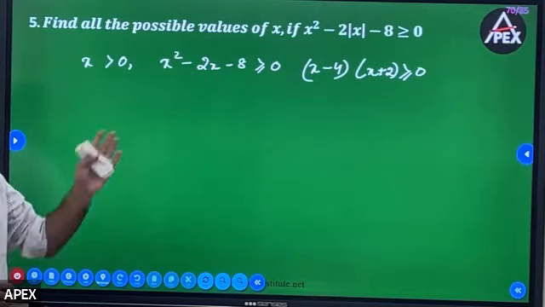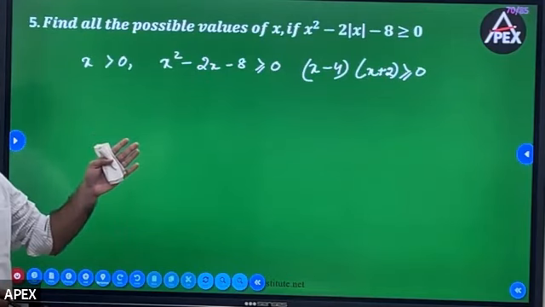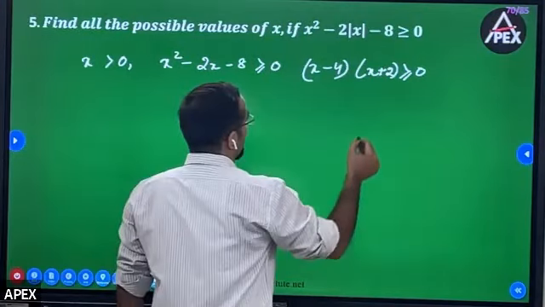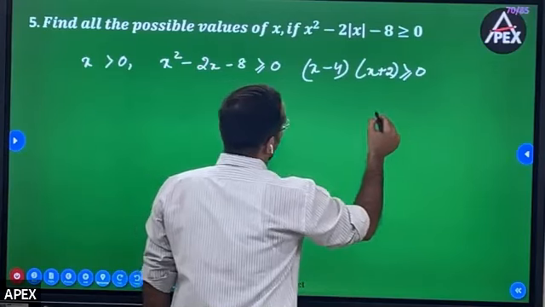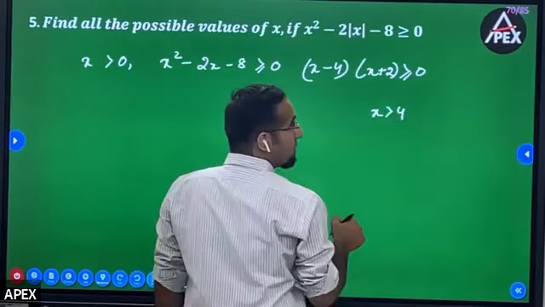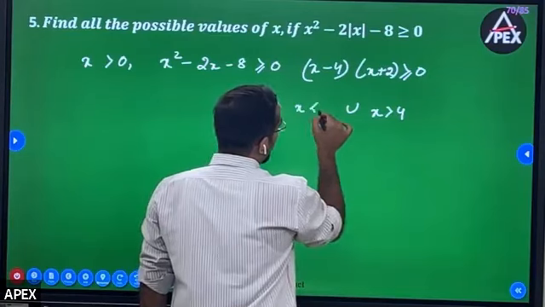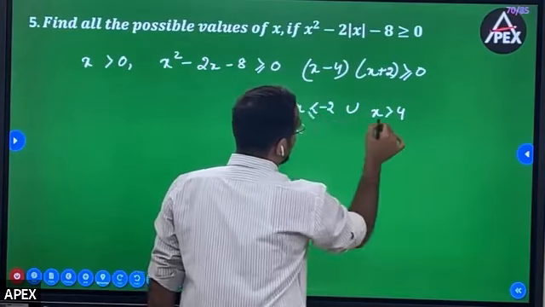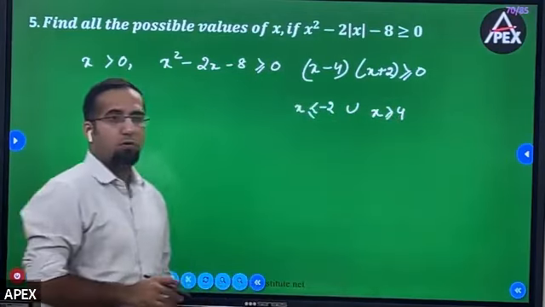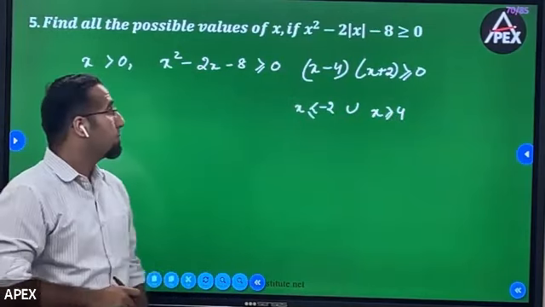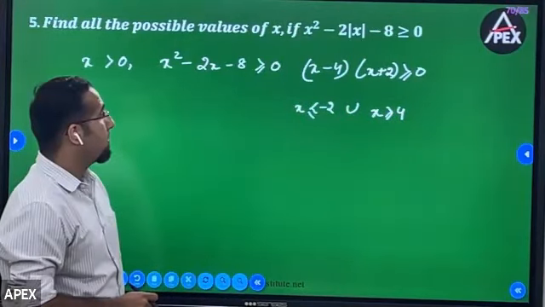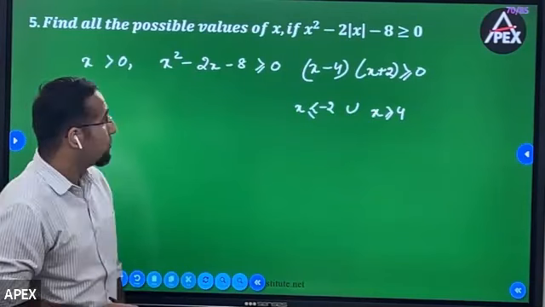Greater than or equal to 0 is given to me. So what are my roots? My roots are 4 and minus 2. That means x will be greater than or equal to 4, union x will be less than or equal to minus 2. Am I correct?